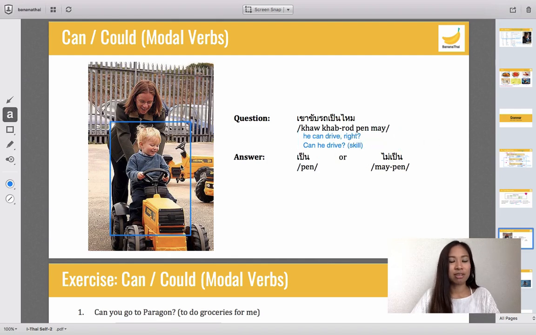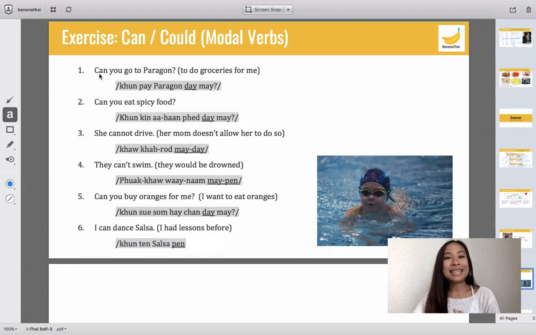Of course not. The answer could be เป็น, which means yes, can, or ไม่เป็น, which means cannot. For this question with this boy you would say ไม่เป็น, cannot.